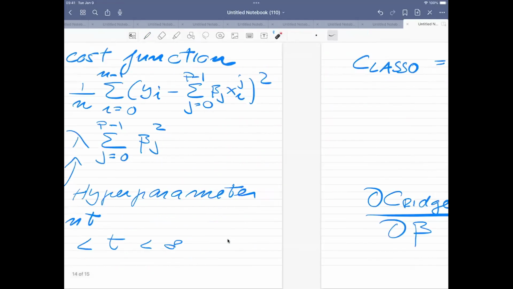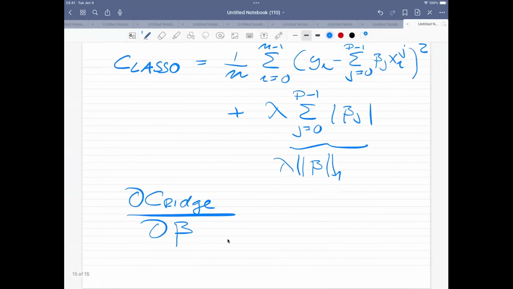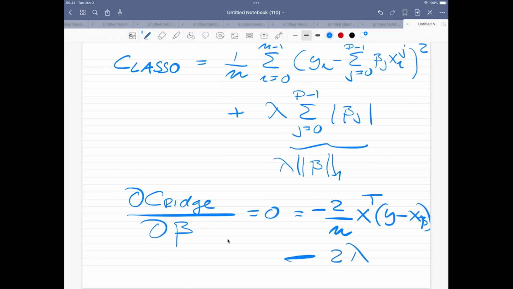And that gives us the following. So we want this to be 0. So that gives us minus 2 divided by n. And then we have, as before, the mean square error. And then I have minus, and this comes with minus 2 times lambda times beta, the vector. So these are vectors. When you don't see subscripts, these are always vectors or matrices.